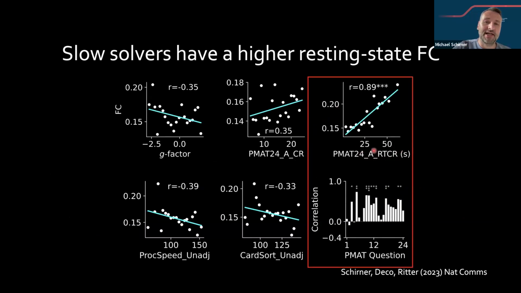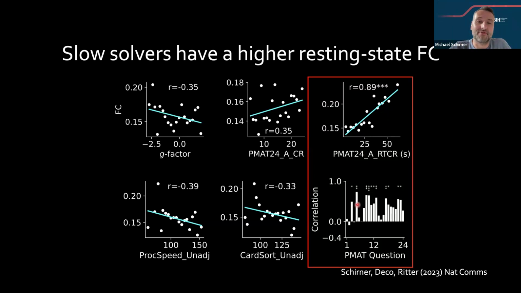Here we have the reaction time for the fluid intelligence test on the x-axis, and on the y-axis, we have the average FC, the average correlation between brain areas. FC again is the functional connectivity, how strongly all brain areas correlate with each other. So this is the average over this whole matrix summed up.